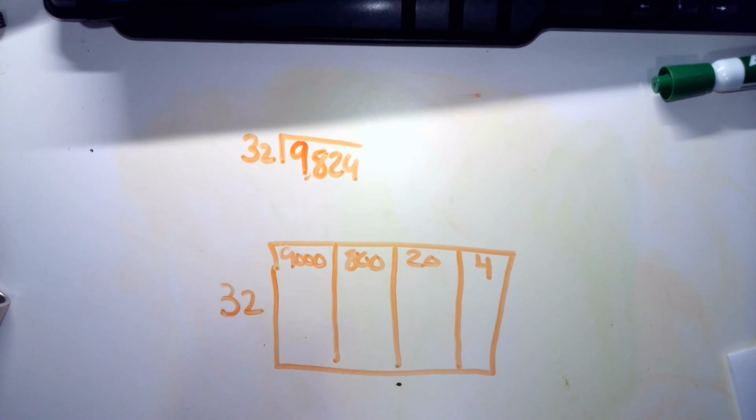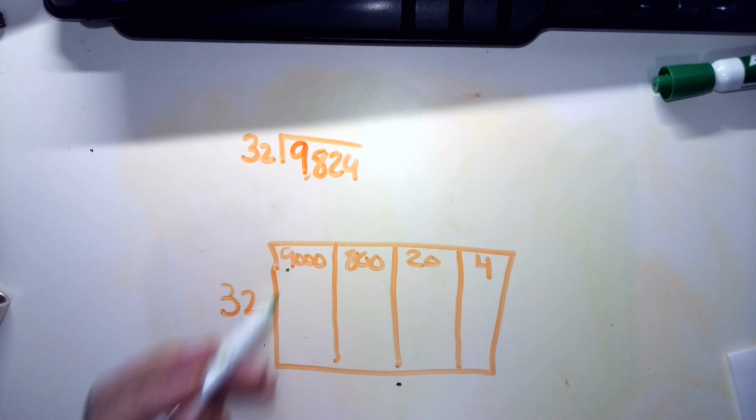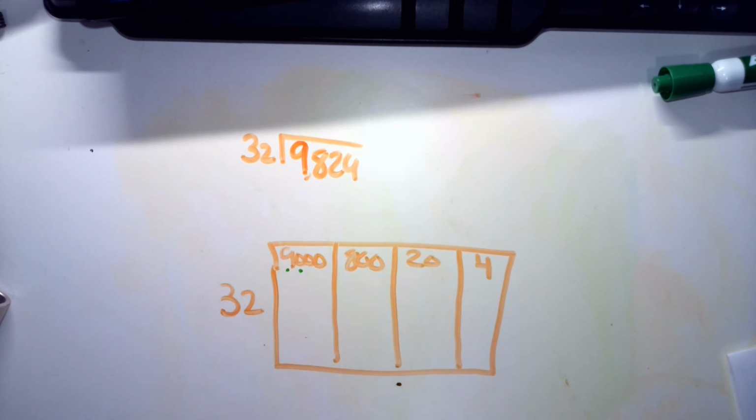And I want to get as close to 9,000 as I possibly can, but that's a really big number. And so I'm going to make the number as small as possible and then add some zeros to help me out. So what I mean is I know that 32 cannot go into 9, but 32 can go into that 90.